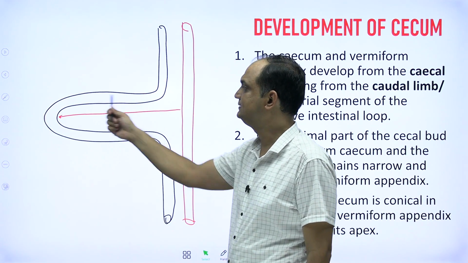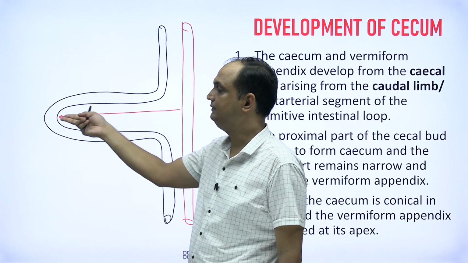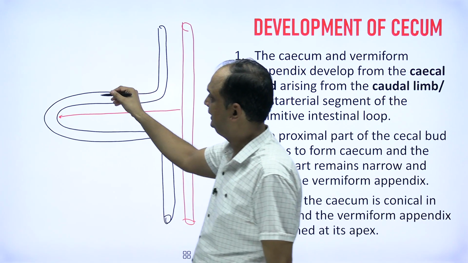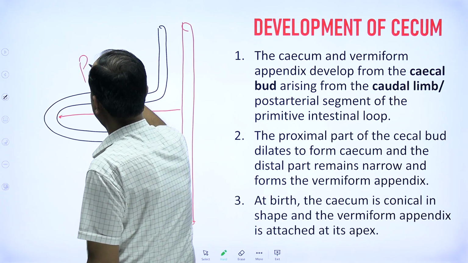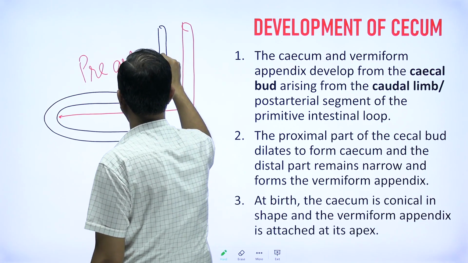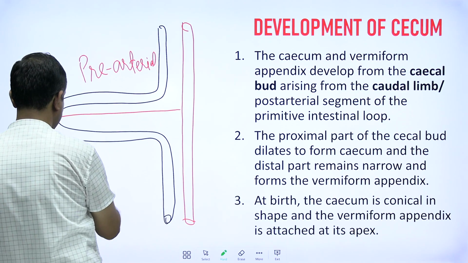Now this loop is divided into two parts by this artery present in the center. The loop which is proximal is known as the pre-arterial loop, and the loop behind it is known as the post-arterial loop.